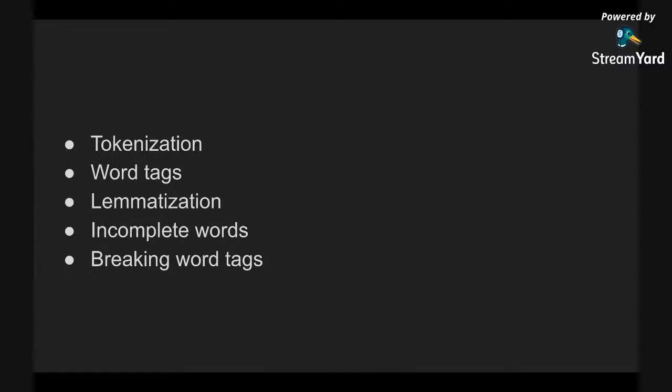I'm going to talk about the concept of tokenization and tagging, which is a part of that concept, lemmatization, and then also dealing with incomplete words and dealing with word tags that overlap with other words, which we've talked about a little bit in an earlier tutorial, but I'll recap that briefly today.